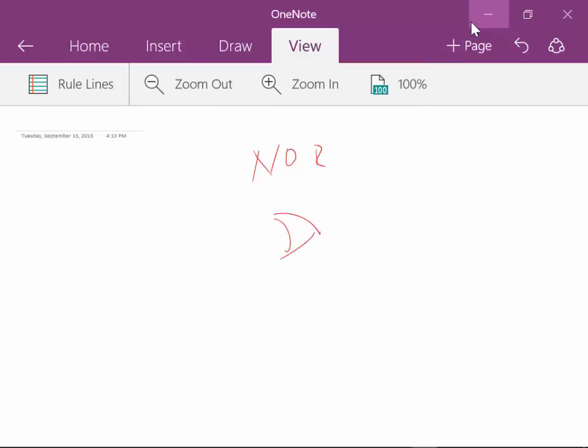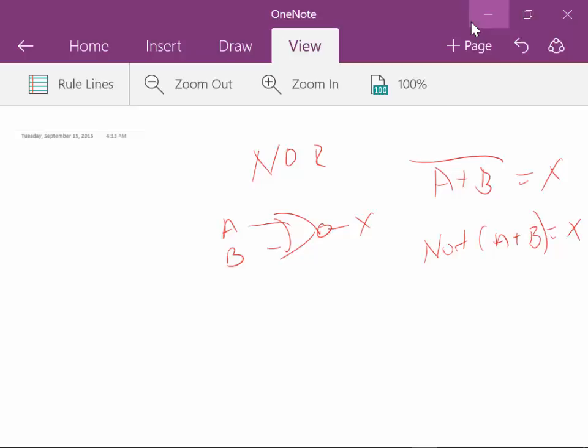Here's our NOR function, A, B, X. So we can say A plus B with a not across it equals X, or we can say not (A plus B).